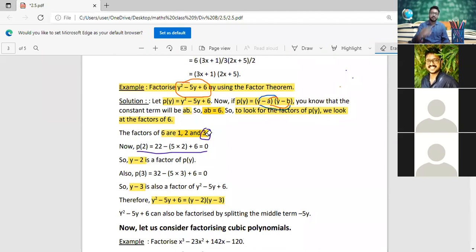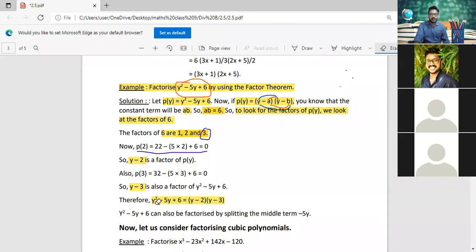Okay, the power I have written, there was a mistake. It is 2 squared. And in the value of 3 also, there's 32. That's also 3 squared. Okay, that was a typing error.